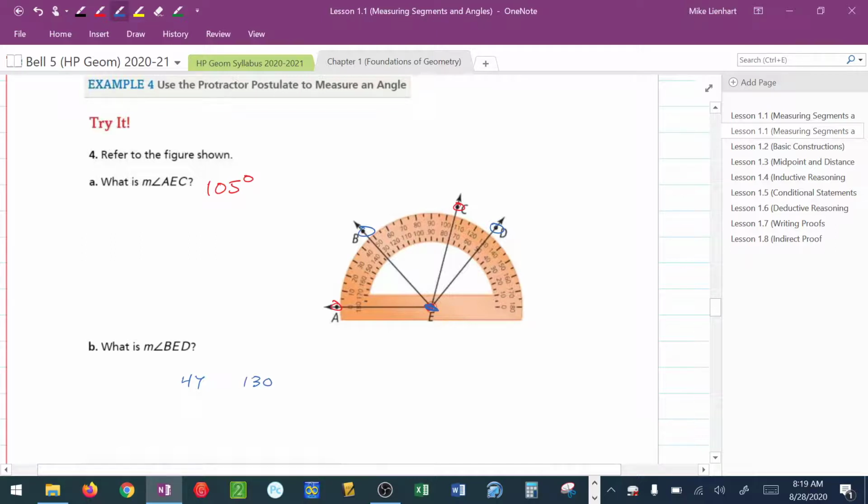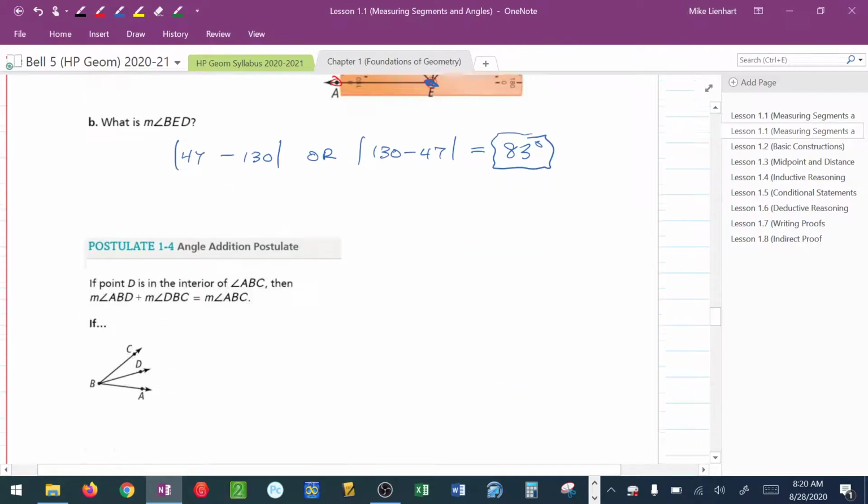So how am I going to find the measurement of angle BED? Well, I could go back and use that idea that we had before of absolute value, or I could take the absolute value of always go the bigger number minus the smaller number. So if I do this, either way I do it, I end up with 83 degrees.